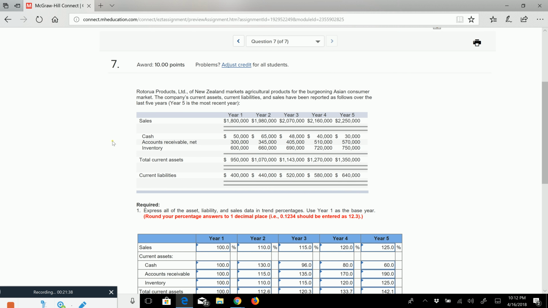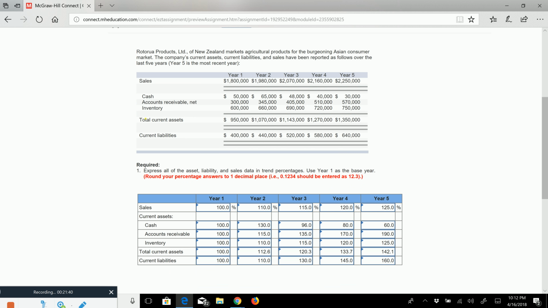We take our sales and all of our other items, cash, receivables, inventory, liabilities, whatever we want to analyze. Year one, everything is going to be 100%. That is the base year. And all of the future years are going to be a percentage of year one.